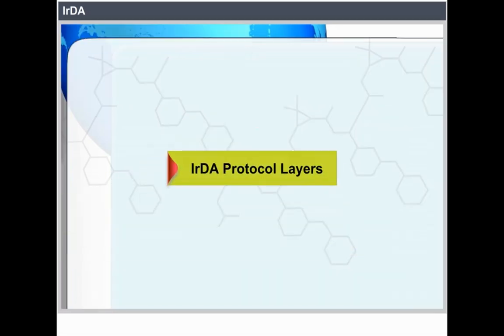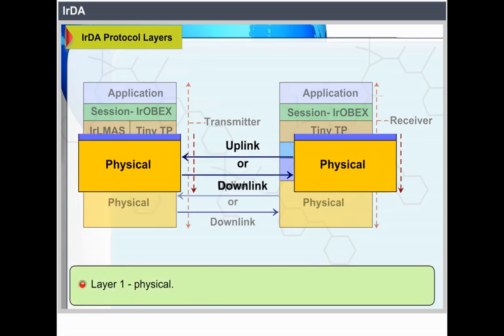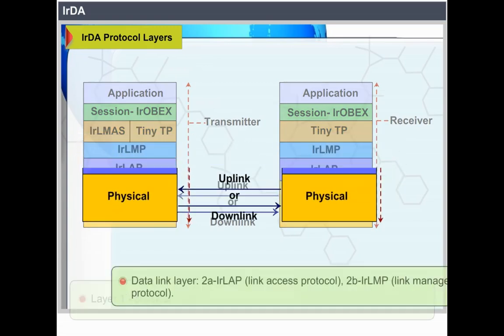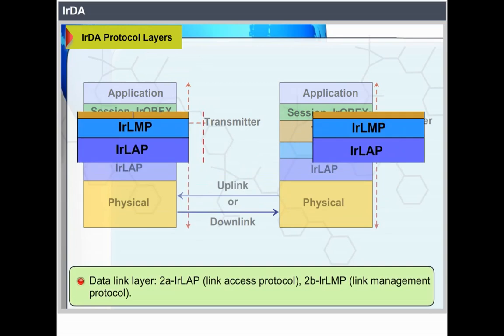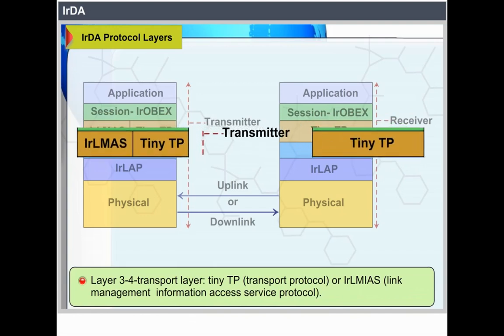IrDA protocol layers. Layer 1 Physical. Data link layer 2A IR-LAP Link Access Protocol, 2B IR-LMP Link Management Protocol. Layer 3 to 4 Transport Layer: Tiny TP Transport Protocol or IR-LMIAS Link Management Information Access Service Protocol.